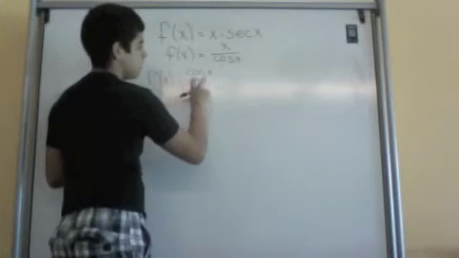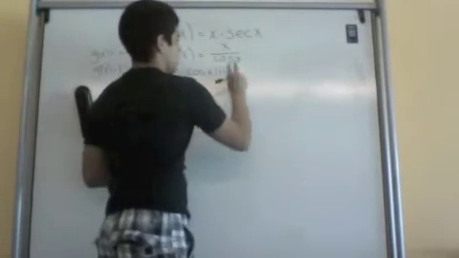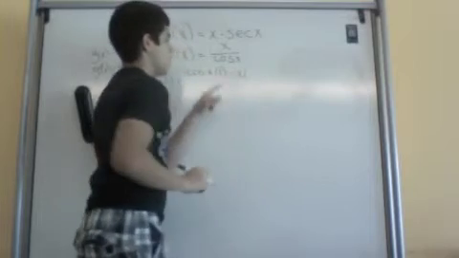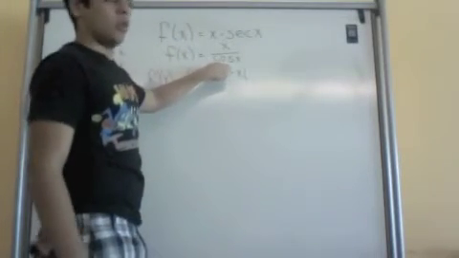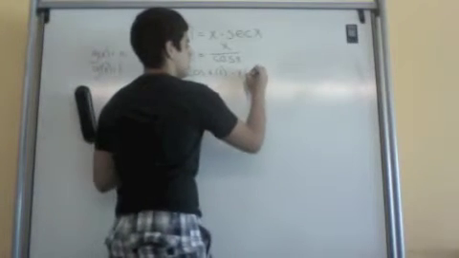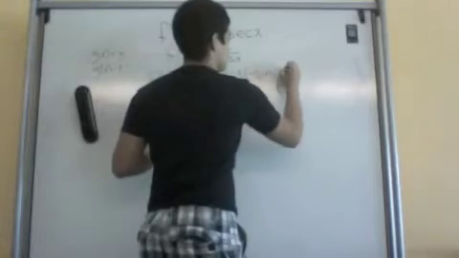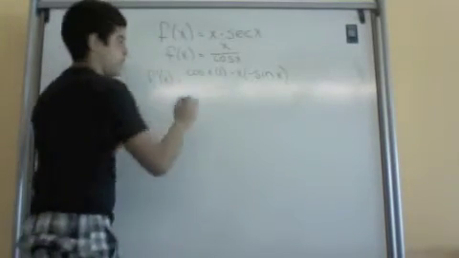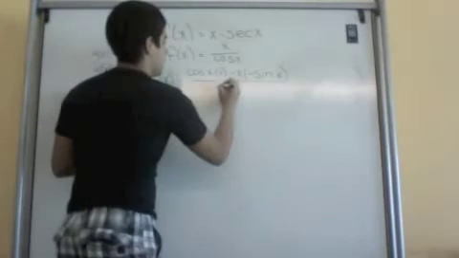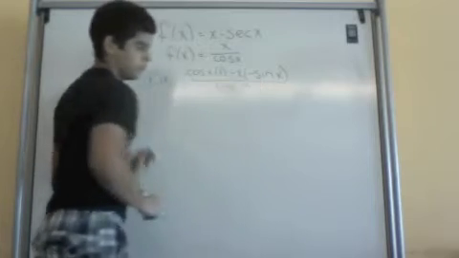So it's cosine of x times 1 minus the function that is in the numerator, x, times the derivative of the denominator. And the derivative of cosine is negative sine. So x times negative sine of x, and this goes over the denominator squared. So we have cosine of x squared.